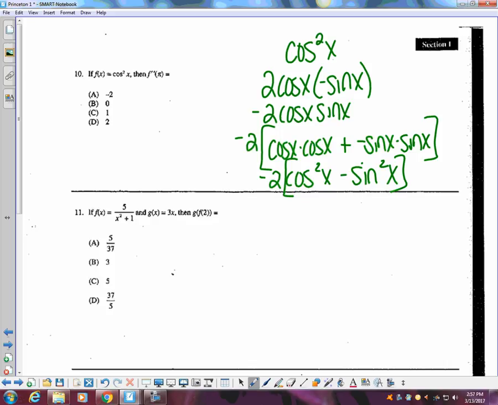Okay, I got here. Everybody get here? Now what am I doing? Plugging in a pi.